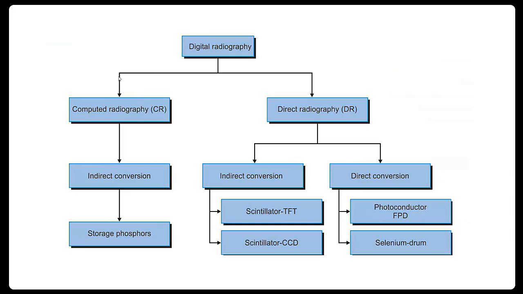You shouldn't get confused here. Digital radiography can be divided into two types, that is computed radiography and direct digital radiography. Again, this direct digital radiography can be divided into two types. Depending on the type of conversion taking place, there is indirect conversion and there is direct conversion.